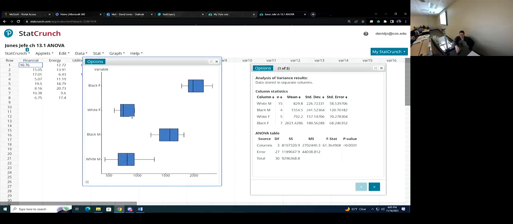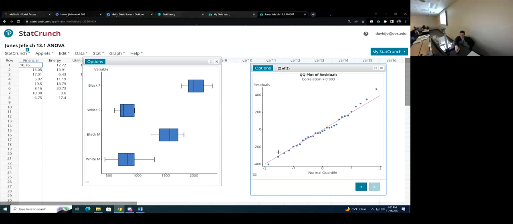There's no outliers, but look at this. White female is a lot lower than black female. So there's got to be, oh, look at that. P-value is way less than 0.001. 61 on the test stat. That's high. In this graph, the points are even more along the line. 0.993, holy shit, that's really high.